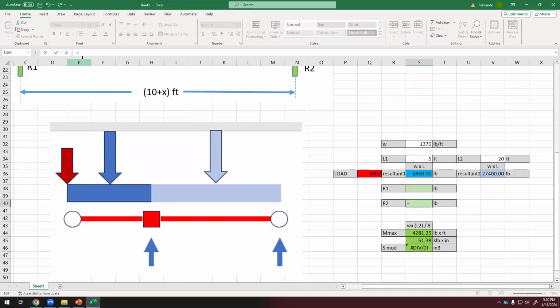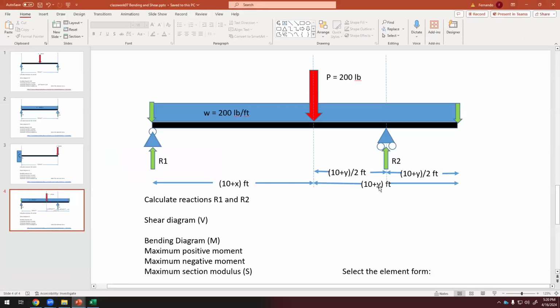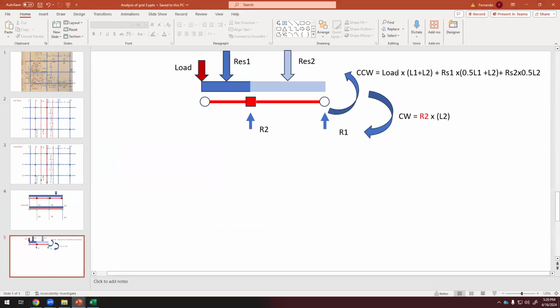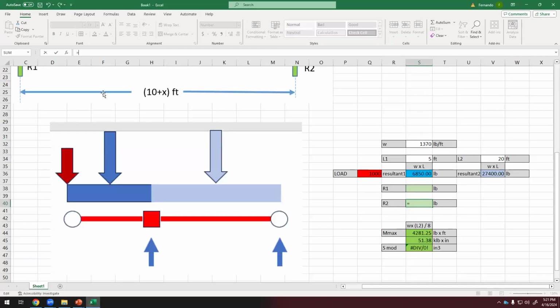equals. And now we are going to have a lot of parentheses. So we have the load times L1 plus L2. So we have the first parenthesis here. The load is this cell times, and I need another parenthesis here because it's L1, this cell, plus L2, and close parenthesis.